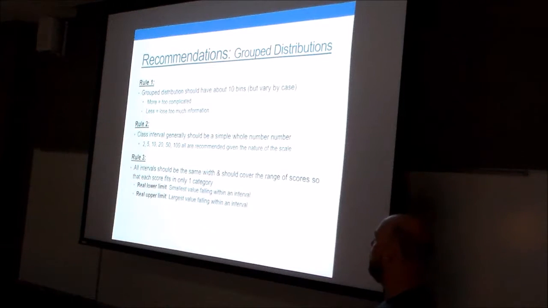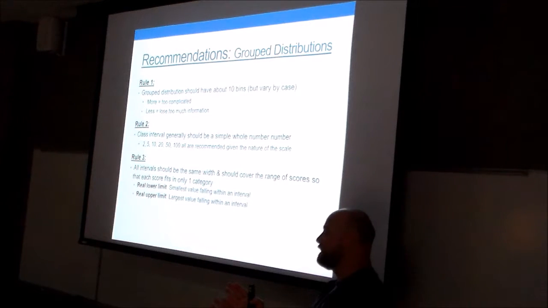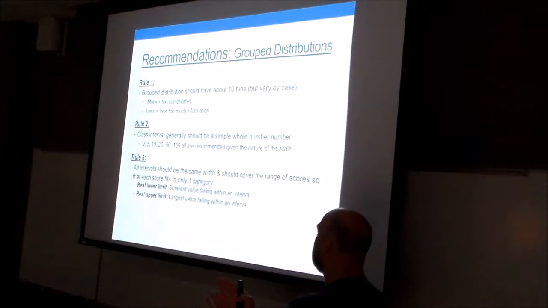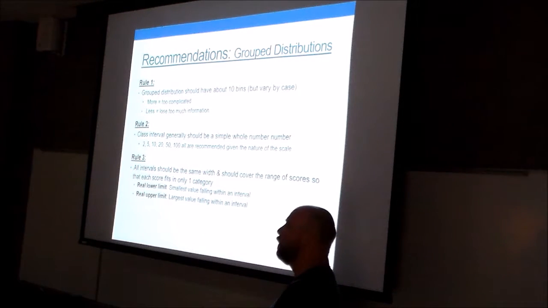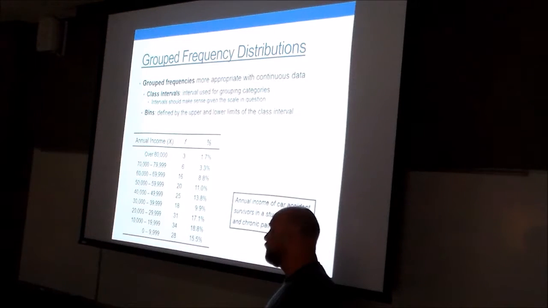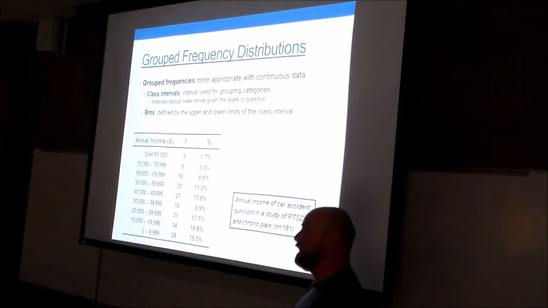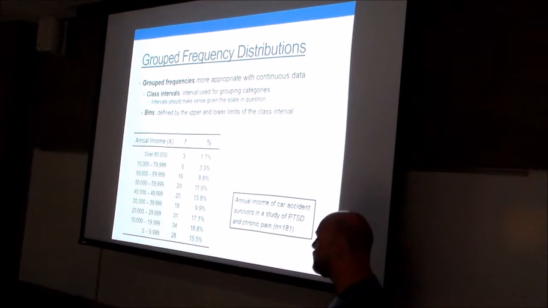So for the limits of our bin, we're talking about the real lower limit. This is the smallest absolute value in the data set that's going to fit into this bin. The real upper limit is the largest value. So if my bin is 0 to 9,999, I'm not sure people report at that level of precision, probably not.